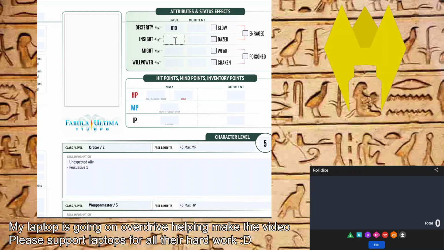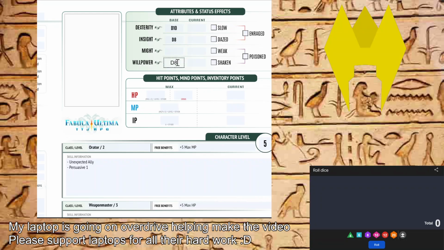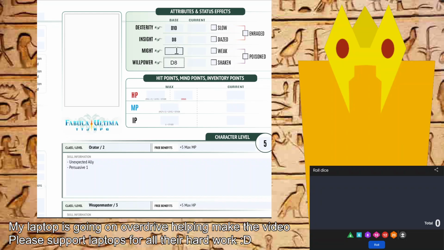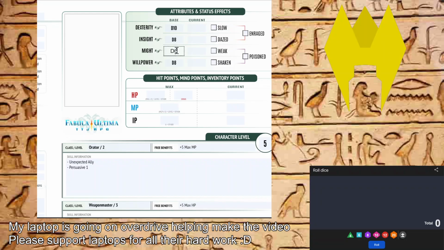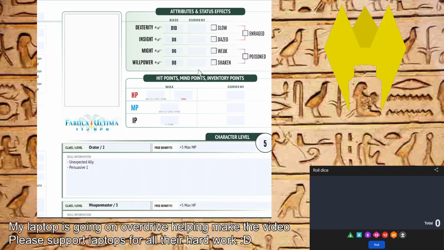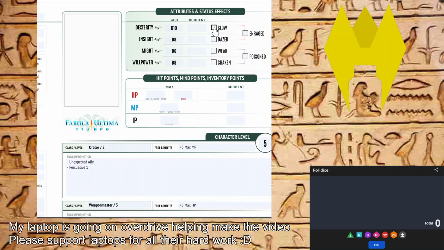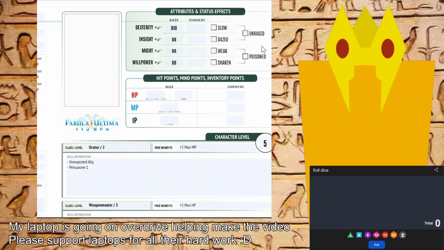So insight is a D8, willpower is a D8, and then our might is a D6. And we will leave these blank because they're going to be treated as this as long as we don't have any of those, right?